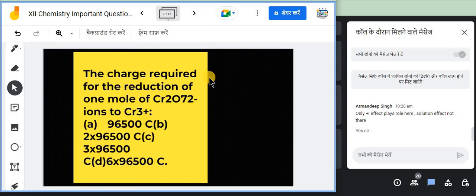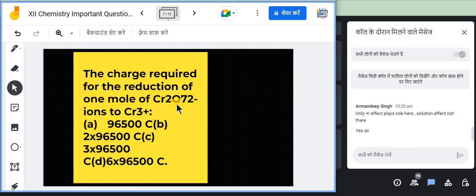Next question. You can see this is a question from electrochemistry, a very important topic. Please write Cr2O7 2 negative.